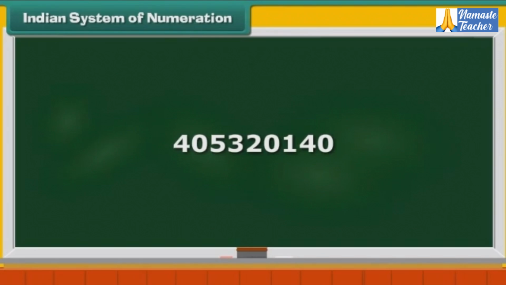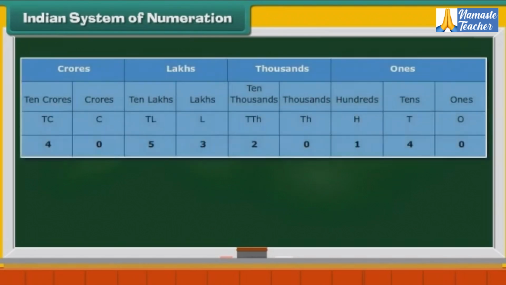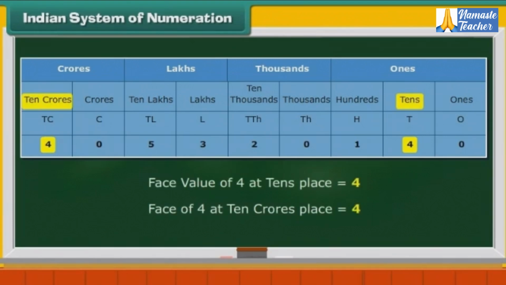Consider the number 405320140. First, we arrange it in the place value chart. Digit 4 appears at 2 places, tens and 10 crores. The face value of digit 4 is 4 at both the places.